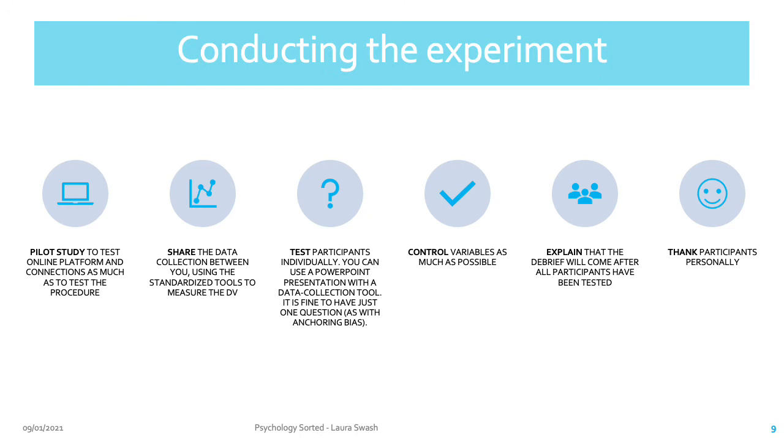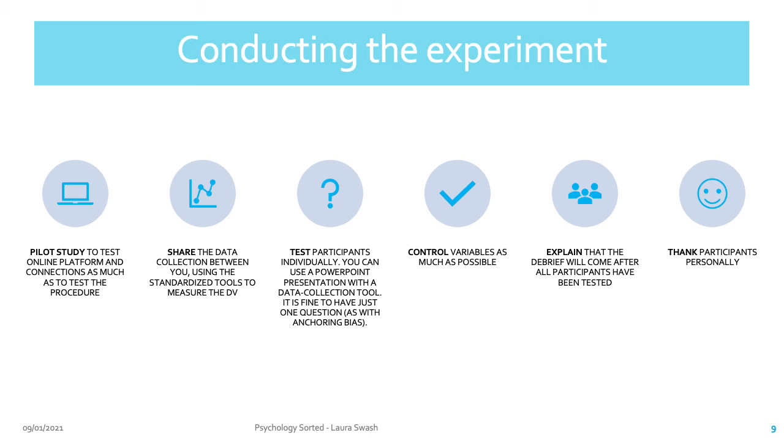And then conducting the experiment. I think it is very important, if you're doing your research online, to use a pilot study. Just check your connections, test the online platform as much as testing the experimental procedure. Then share the data collection between you. Make sure you've used standardized tools. Test participants individually. You might make a PowerPoint presentation with a data collection tool.